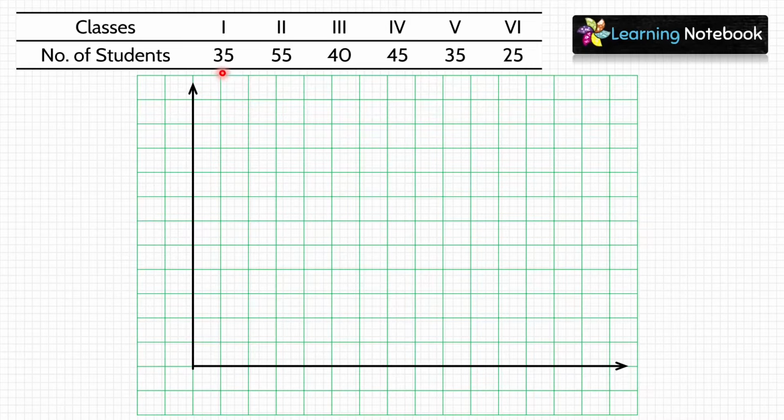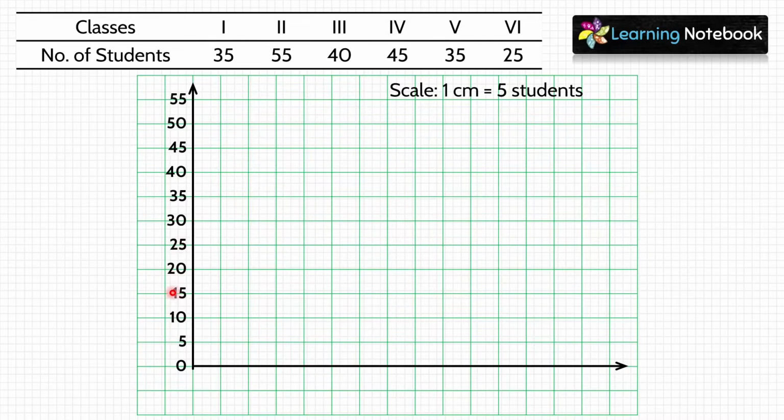Again, we have to decide a scale which is neither too high nor too small. So here, we can decide the scale as 1 centimeter equals to 5 students. So let's write the scale on the vertical axis as 0, 5, 10, 15 and so on till 55.